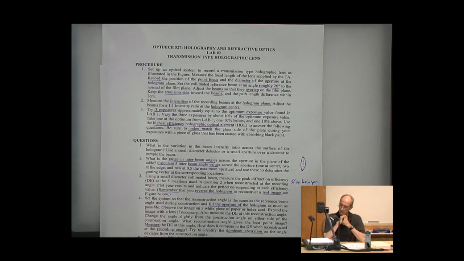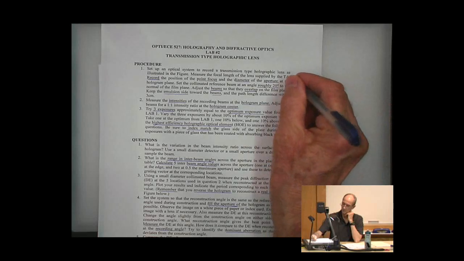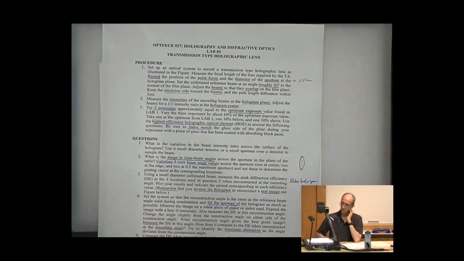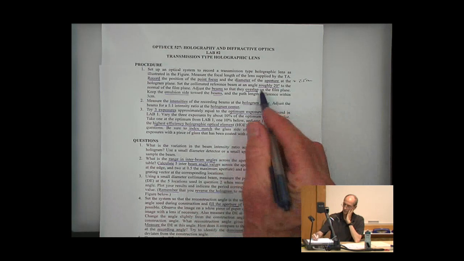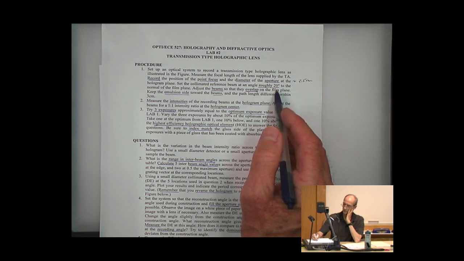For the lens, a diameter of about 1 inch is pretty good, maybe 2.5 centimeters or so. And then we'll have an off-axis planar reference wave, try to keep it about 20 degrees.